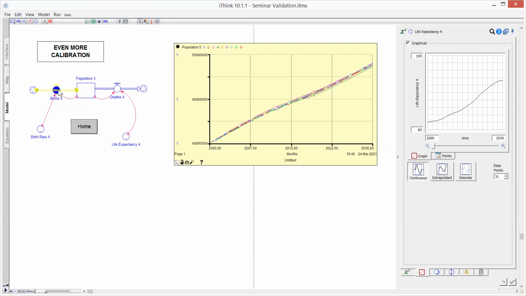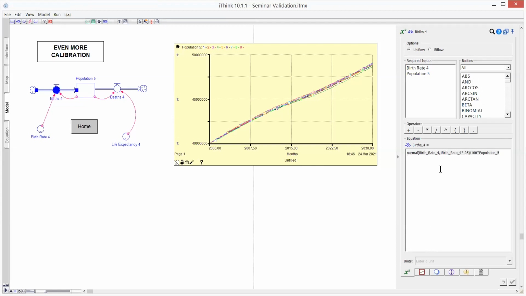I used one of the other built-in functionalities, which is called the normal functionality, which basically says we've got a situation where we're sitting here with an average, and we can assume that there's a normal distribution on the birth rate and the life expectancy, and then that there's some sort of a variance, standard deviation on that.